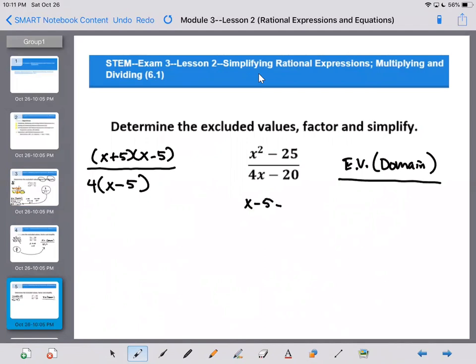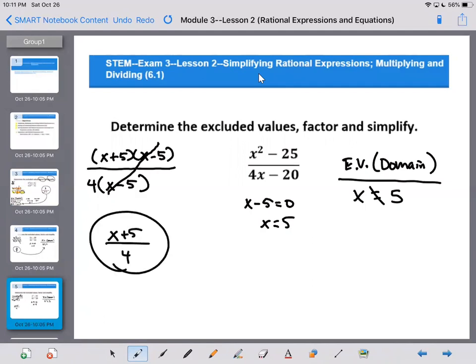That's the only expression with the variable. Solve, I get x equal 5, so therefore x cannot be 5. Now that I have everything factored and I've stated my domain, I look and see what will divide out. The x minus 5s will divide out. And what are you left with? x plus 5 in the numerator, 4 in the denominator, coupled with the excluded values.